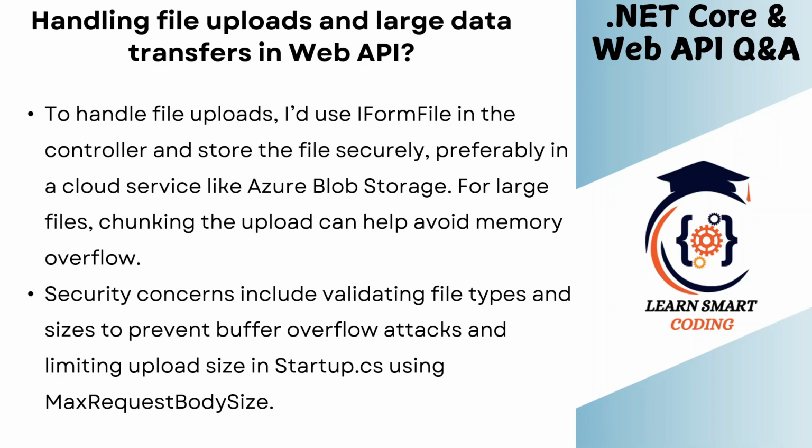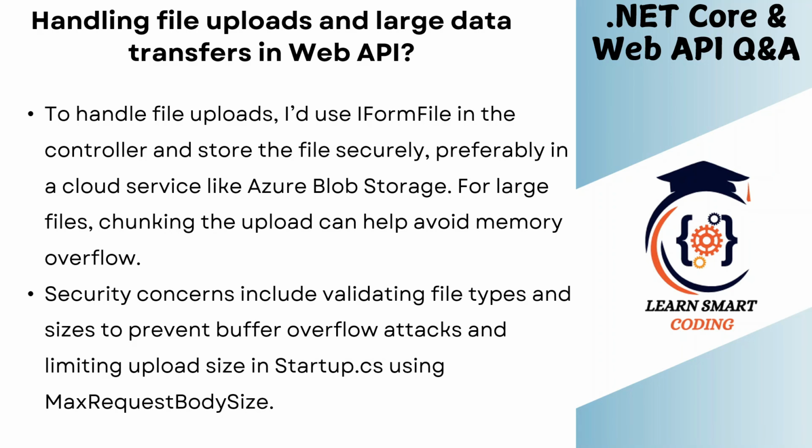If they ask you about file uploads or how you handle large file transfer in a web API, the simplest answer is you use IFormFile, which allows us to get the file information in the controller, and then you can store that file securely, preferably in a cloud service like Azure Blob Storage. For large files, chunking the upload can help with memory overflow issues.